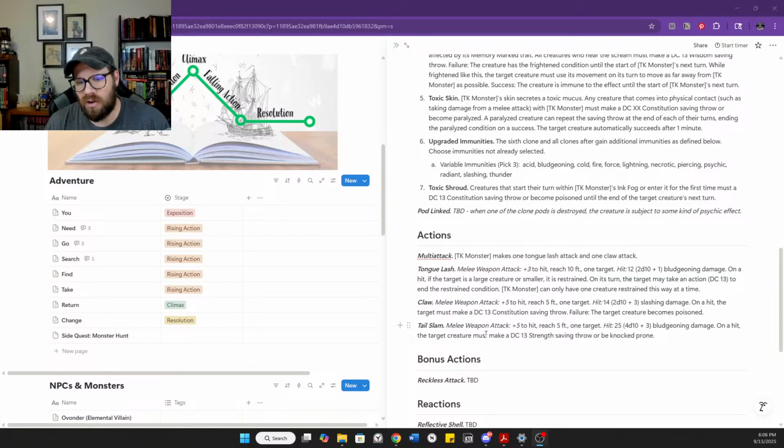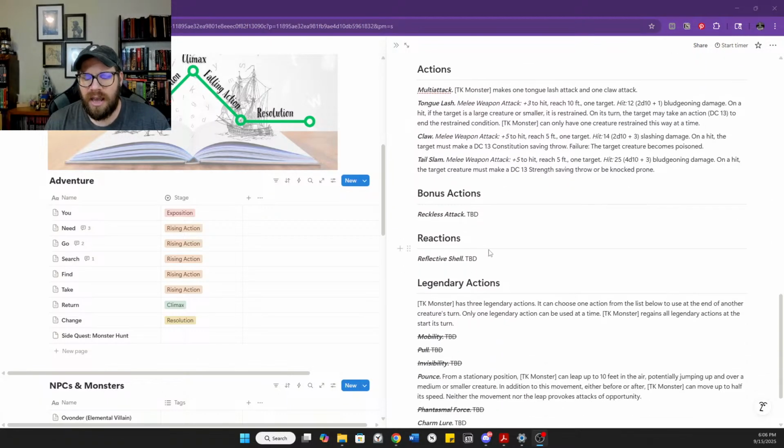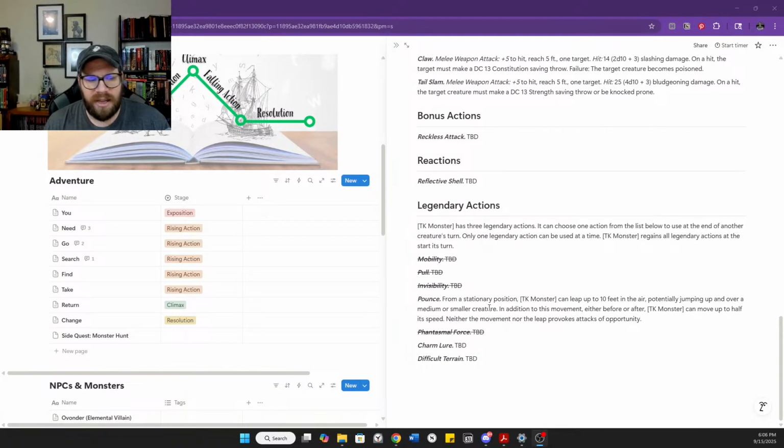We figured out all of its attacks and its actions here, and now we're working on legendary actions. We're adding legendary actions to the CR 3 creature because it is designed to kind of solo against a group of PCs. And so we want to level out the action economy a little bit so this doesn't just become a trivial sort of encounter for your players and characters.